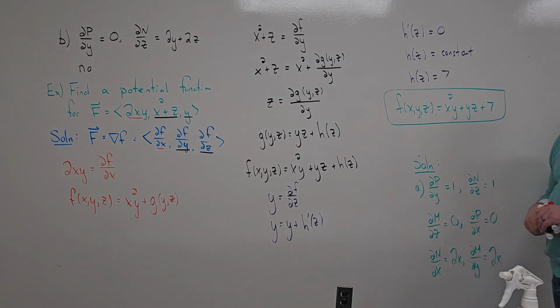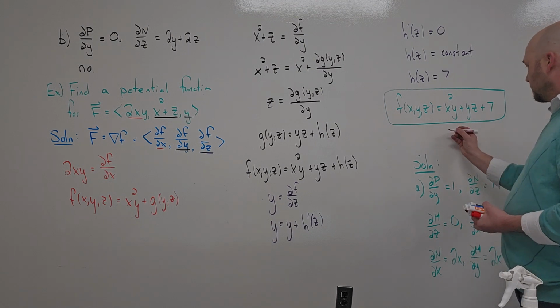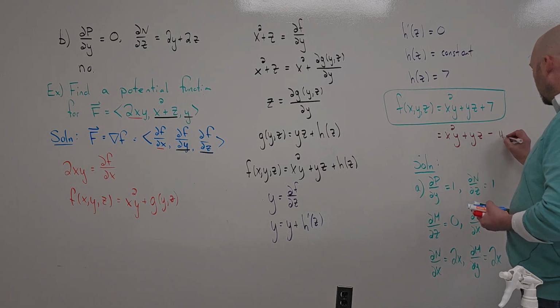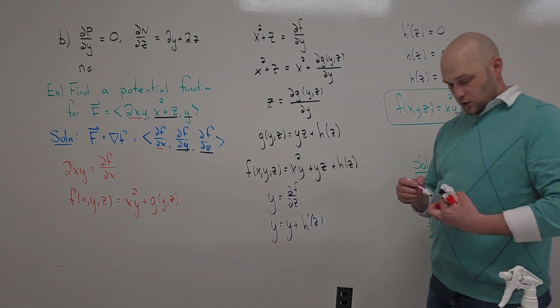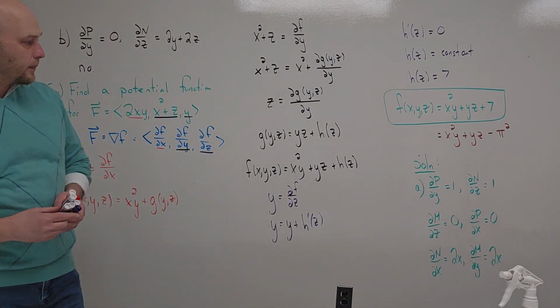And they only differ by a constant, so I can't have any other x, y's, or z's in here, but another potential function could be x squared y plus yz minus, say, pi squared. So the only other variations that I can have is a different constant on the end.